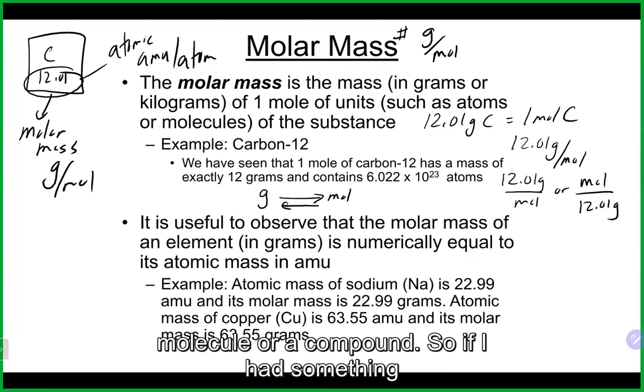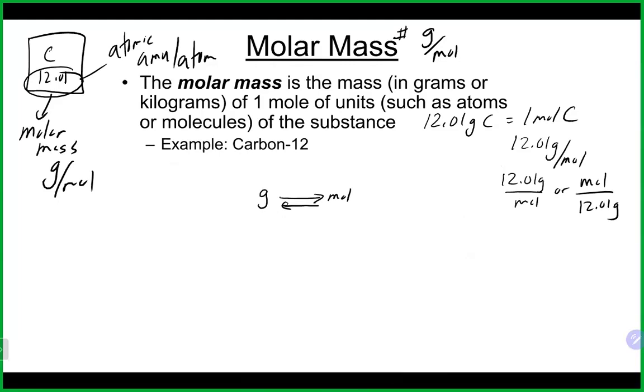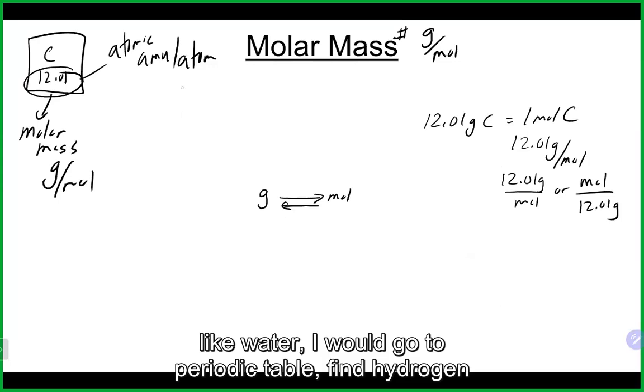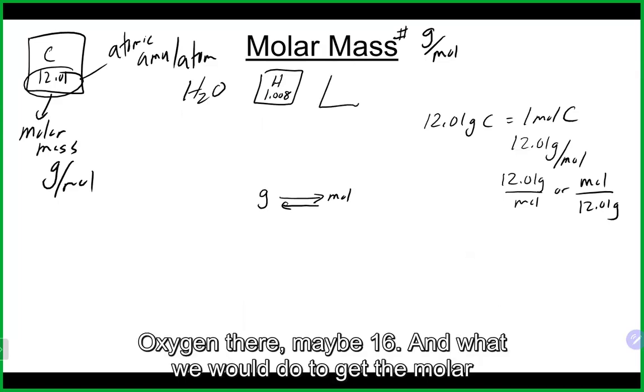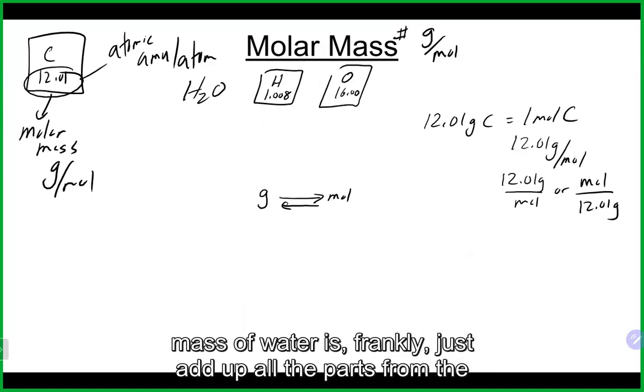So if I had something like water, I would go to the periodic table, find hydrogen, 1.008. I know your book probably goes 1.01. I don't like it. 1.008. Oxygen there, maybe 16. And what we would do to get the molar mass of water is, frankly, just add up all the parts from the periodic table.